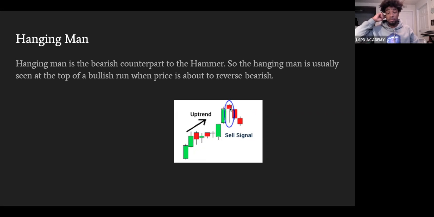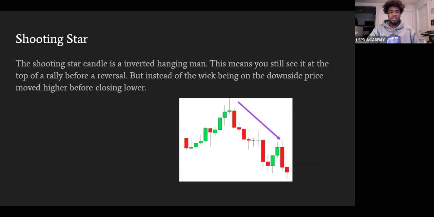That is a possibility, and you'll see the same type of hammer shape: small real body, long lower wick. Then we'll start to see price reverse after you see these at the top, usually at resistance zones.